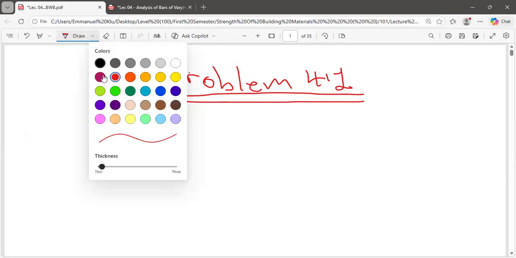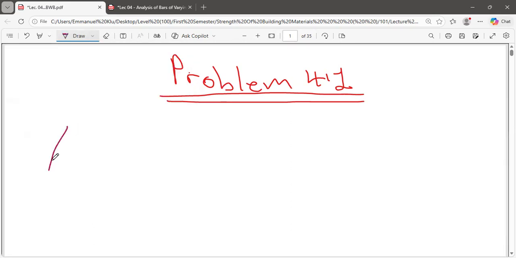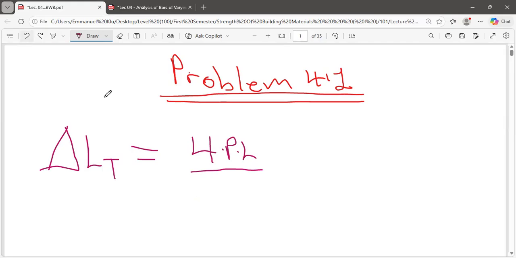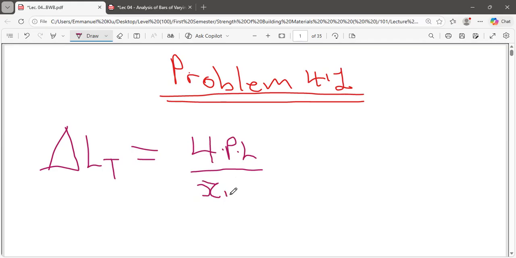So what is actually happening over there is that we are using a formula such that the total change in length in the bar is calculated using 4PL all over pi times E times D1 D2.